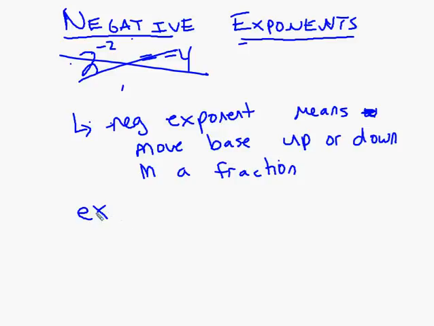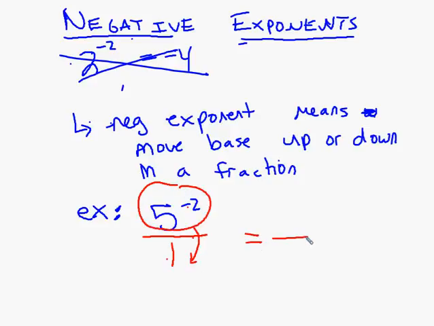So, if I have 5 to the negative 2, I need to make that so it has a positive exponent. What I'm going to do, and I want you to watch, I'll give you a moment to write it down, is write this as a fraction. So here, now it's a fraction. You with me? I'm going to take this whole thing and move it down to the denominator.